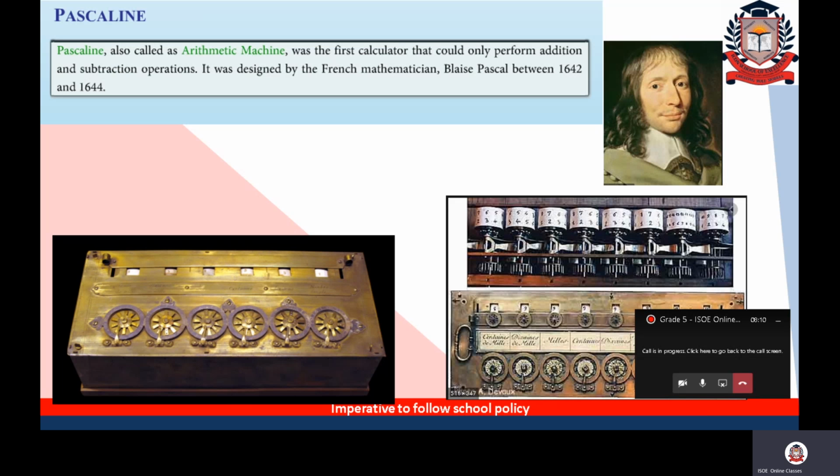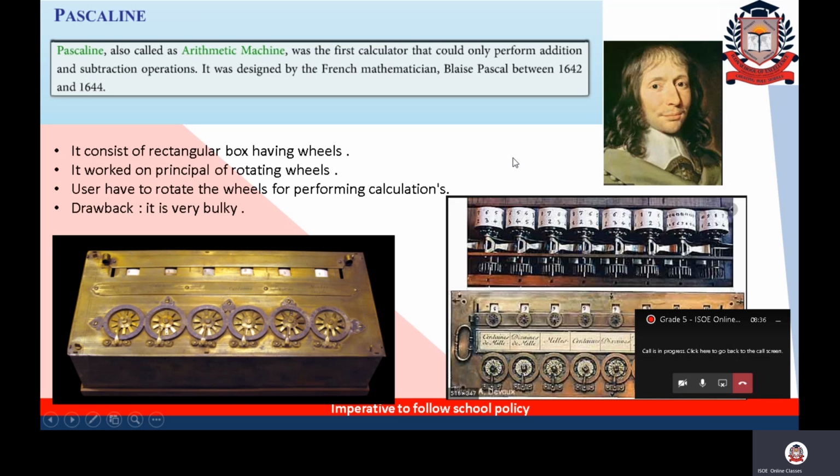You can see in the third picture, 7635, by moving those rods, you will see the result of any addition or subtraction. It was designed by a French mathematician, Blaise Pascal. With his name it came to be called Pascaline, between 1642 and 1644.